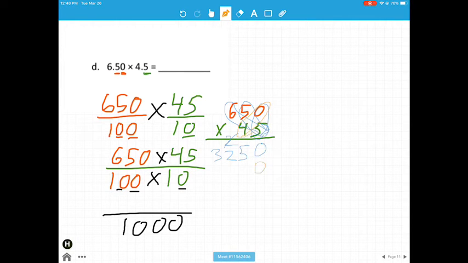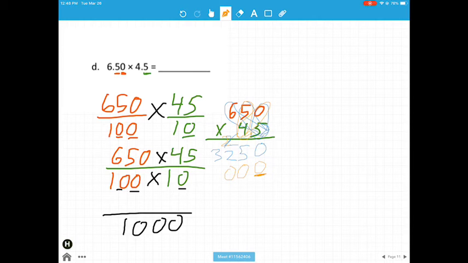4 times 0 is 0. Oh, we have to put a 0 there first. Don't forget to put a 0 here. This 0 here represents the tens place. This 0 here represents the 4 times 0. Then we have 4 times 5 is 20. Another 0.